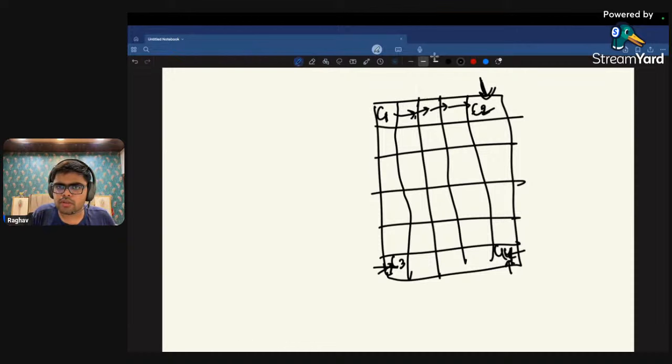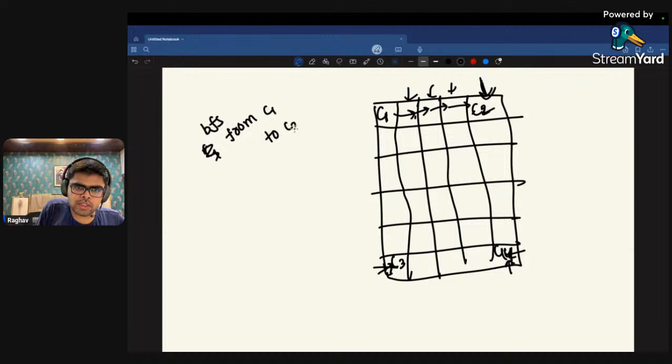Because now from C1 to C2 you can find all the nodes in the way, all the nodes which are coming up here, here, and here, by running a DFS, or actually a BFS, from C1 to C2 to find all the nodes in the shortest path.